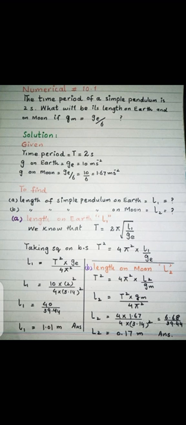We know that the time period of simple pendulum is T equals 2 pi under root L over G. Here we have mentioned the length on earth equals L1 and gravity on earth is GE, so instead of L over G, we have put L1 over GE. By taking square on both sides, we get T square equals 4 pi square multiplied by L1 over GE.